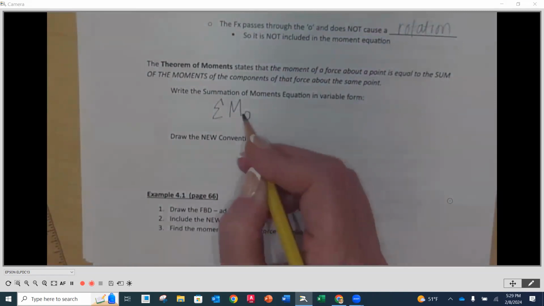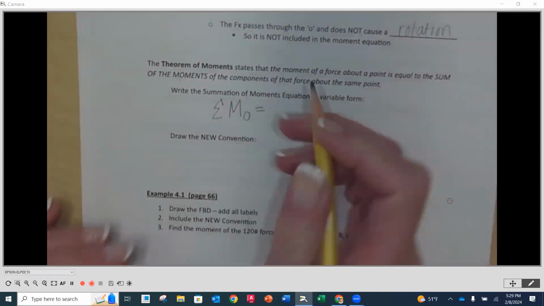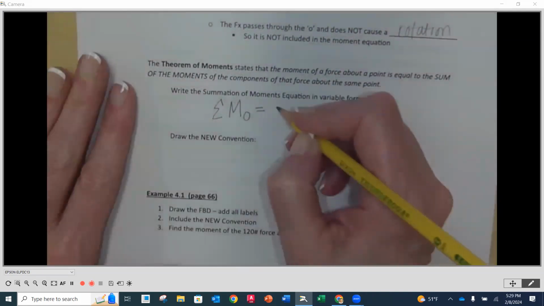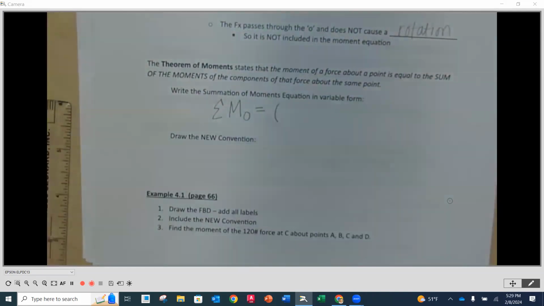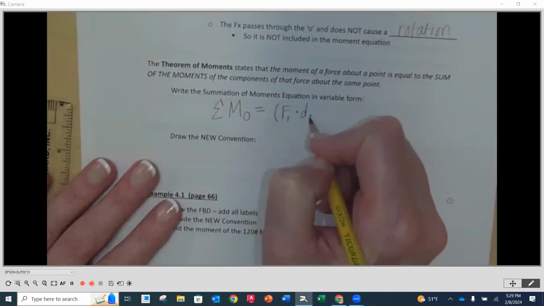So it's a subscript, right? That sub is down. What's the up one? Superscript. Thank you. Is going to be equal to, and leave a little bit of room. You're going to put a parentheses, and it's going to be F1 times D1.